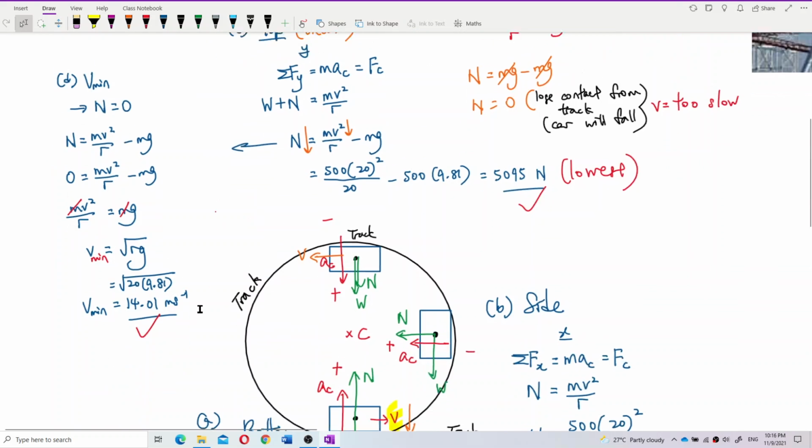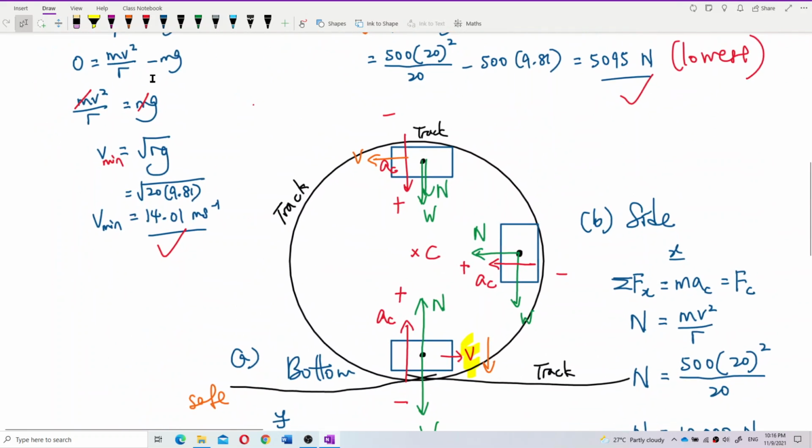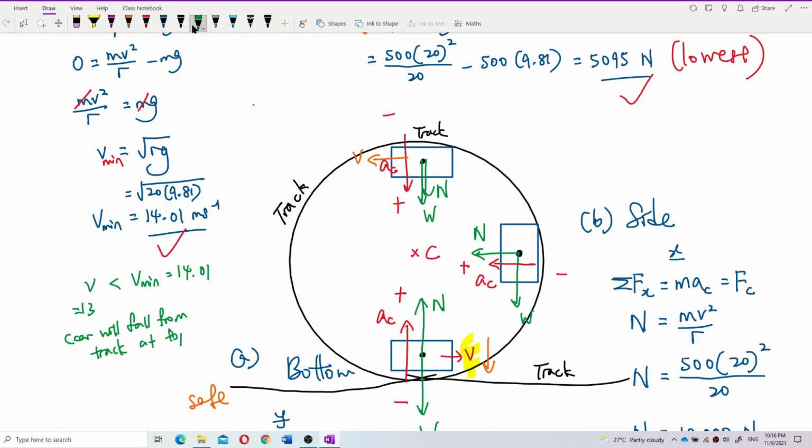So if the speed of the car is less than the minimum speed, which is 14.01, let's say I move at 13, the car will fall from the track at the top.